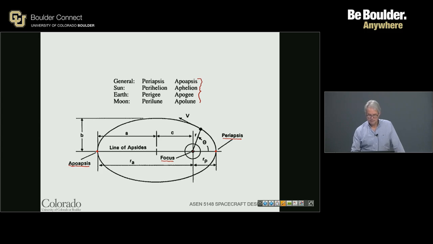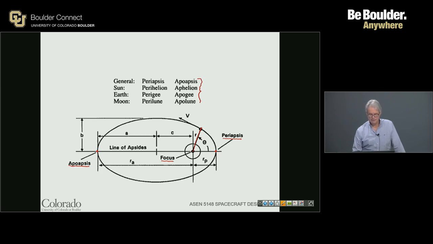There's a line from the focus to the location of the spacecraft. That would be the radius that we're concerned about in the vis-viva equation. So if we're calculating parameters of the spacecraft, the velocity of a spacecraft around an elliptical path, using the vis-viva equation, we would use mu of essentially the planet they were around. We'd use the radius from the center of the planet out to the center of the spacecraft.